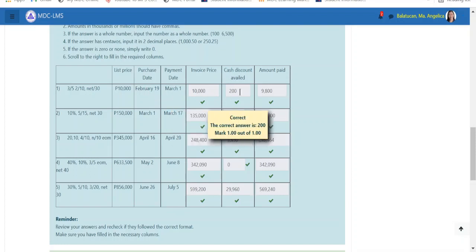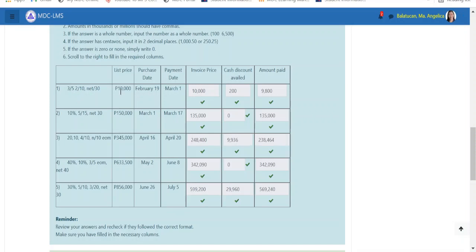Next, how much is the cash discount availed? So you need to check if the payment date is within the discount period. If this is March 1, and the date it was purchased was 19, what would be the last date? If that is 19 plus 5, that's 24. February 24 to get the 3% discount if paid within 5 days.